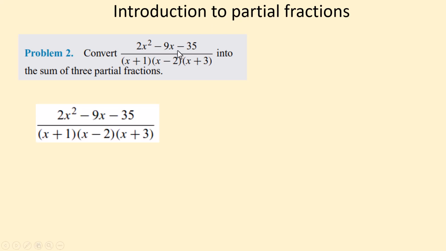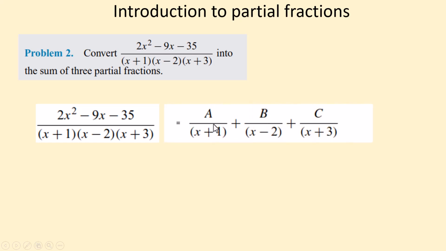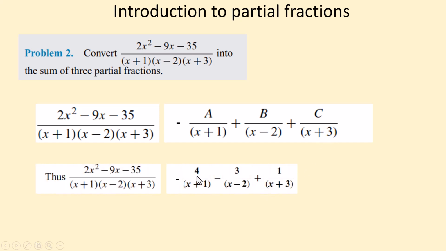We have this example. We have linear factors. Its partial fraction becomes a over (x plus 1) plus b over (x minus 2) plus c over (x plus 3). And the solution is 4 over (x plus 1) minus 3 over (x minus 2) plus 1 over (x plus 3). That is the solution. You have to practice by yourself.